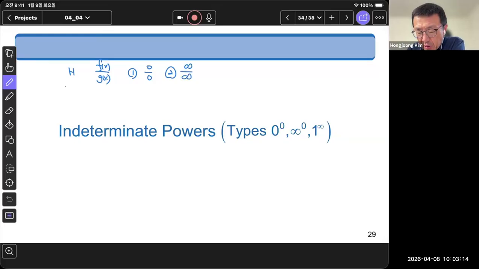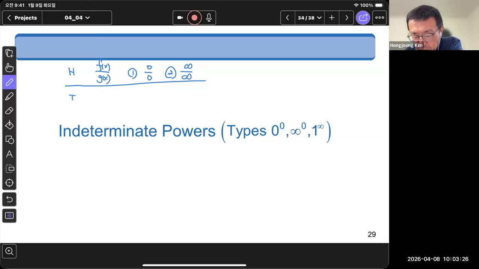So that's the L'Hopital's rule we considered. And then we considered some special cases where we can apply L'Hopital's rule. One application was the limit of f of x times g of x. If one of these two functions is approaching 0 while the other one diverges to plus or minus infinity, what did I tell you?